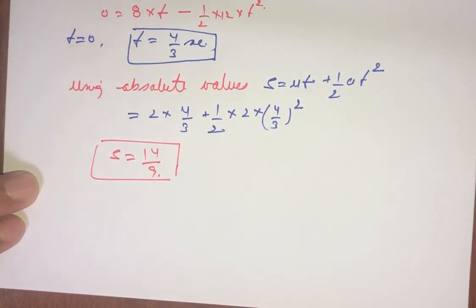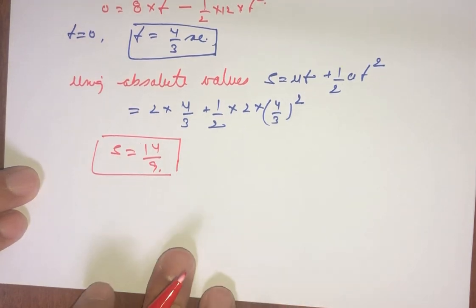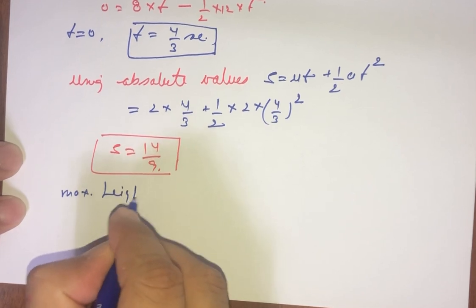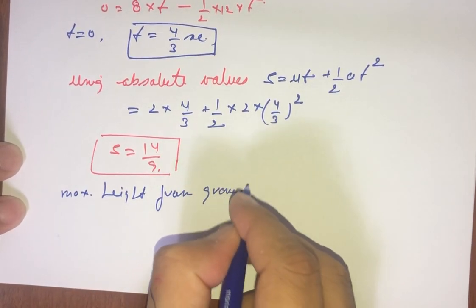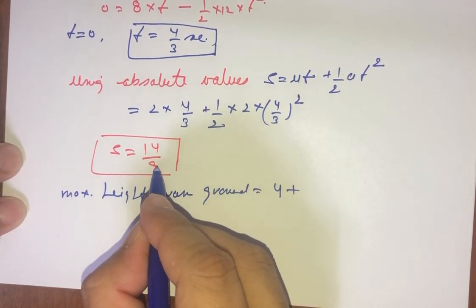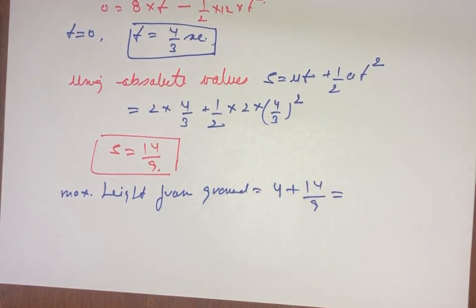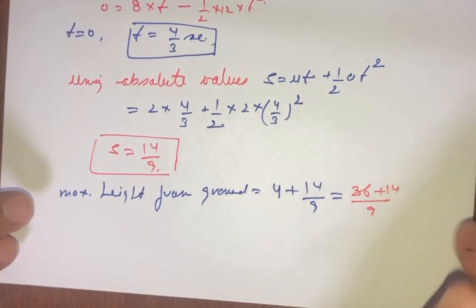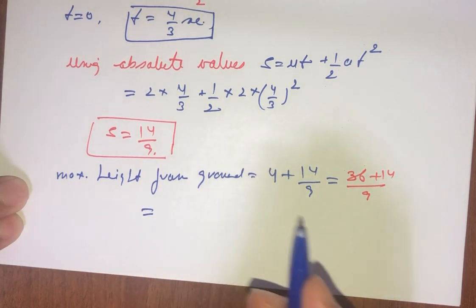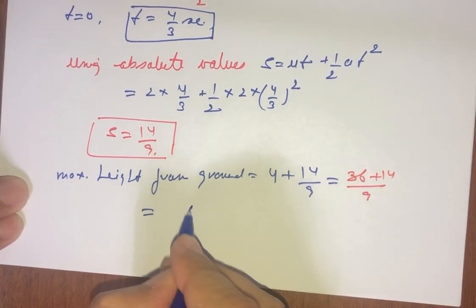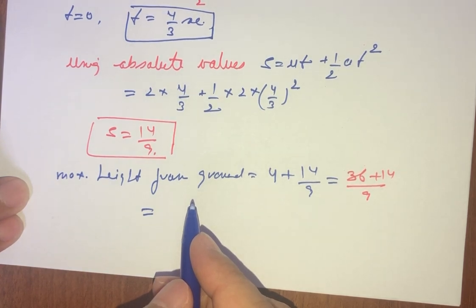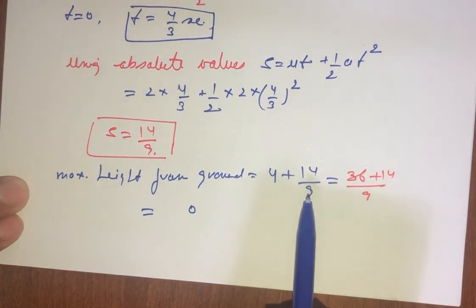Now we are going to find out the height from the ground, the height the platform reached. The platform is already at a height of 4, and the distance moved is found by calculating again. I think I made a mistake here.